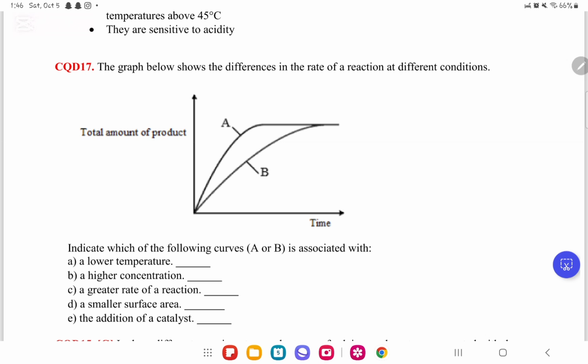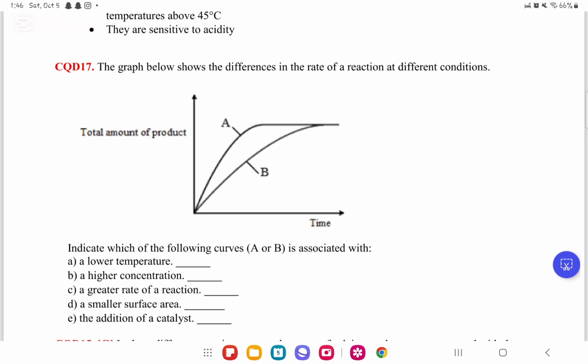So the graph below shows the differences in the rate of a reaction at different conditions. Indicate which of the following curves, A or B, is associated with a lower temperature, a higher concentration, a greater rate of a reaction, a smaller surface area, and the addition of a catalyst.